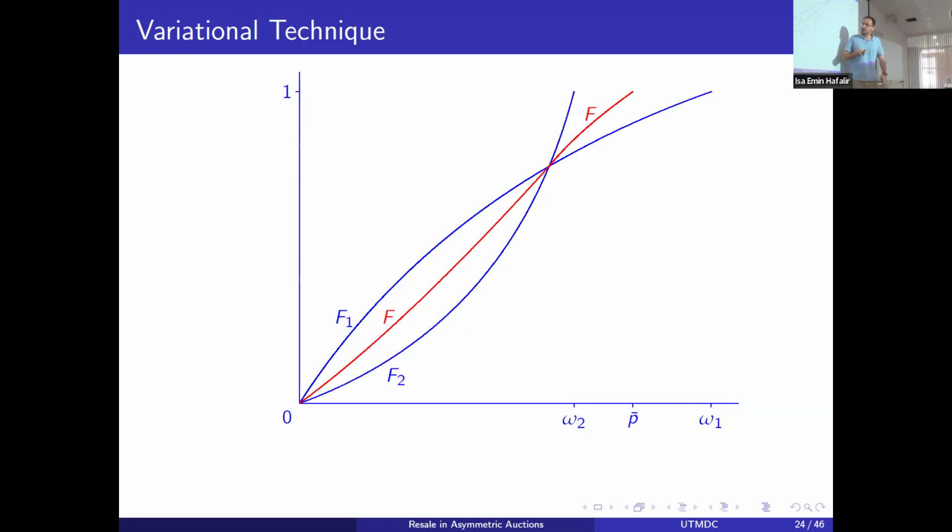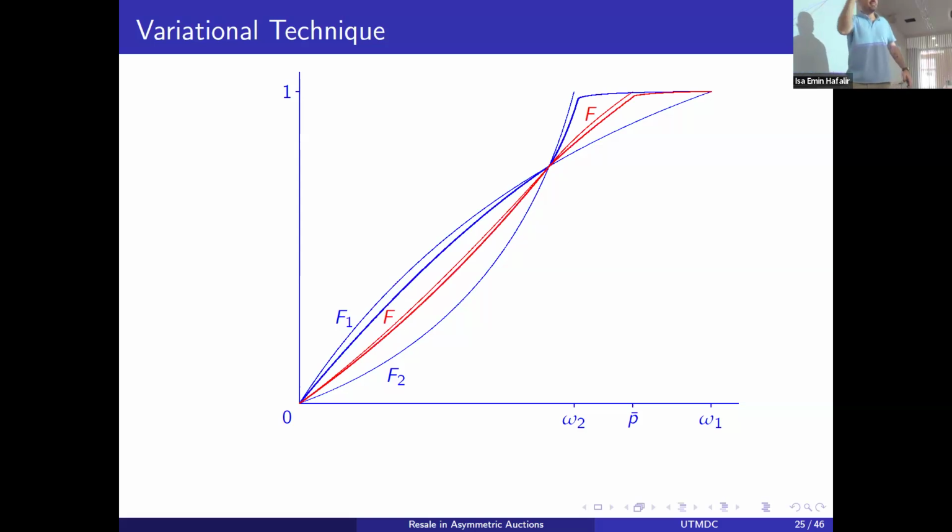The calculus of variations method is basically that you take a perturbation, for instance you fix F2 and do a perturbation on F1. Rather than F1, you consider a convex combination of F1 and F2 with epsilon, where epsilon is small, so F1 gets a little bit closer to F2.